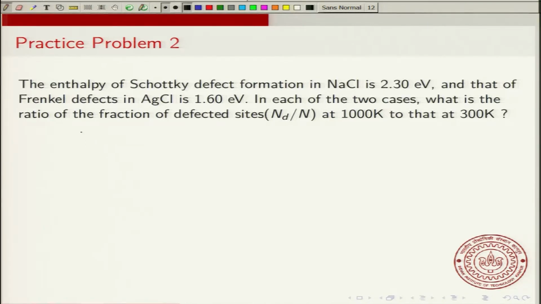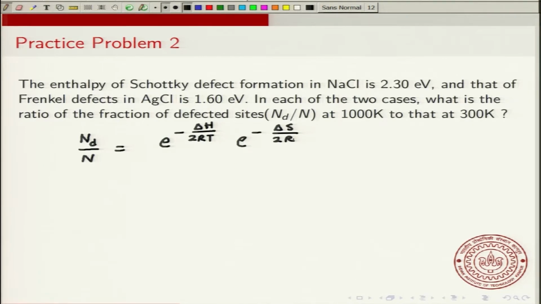In both these cases we saw that we could write the fraction of defects as e to the minus delta H by 2RT times e to the minus delta S by 2R. That was the expression.